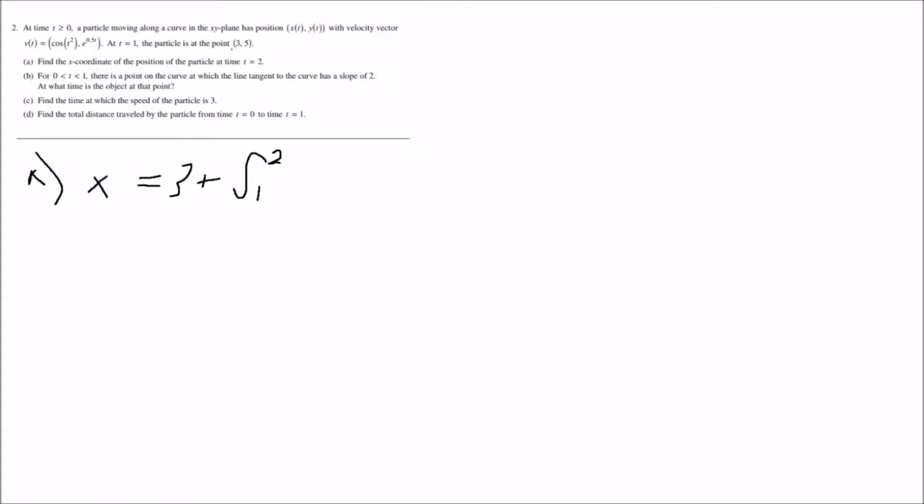We want 2, because that's the time we want. And then v of x, so velocity in the x direction, is going to be our cosine of t squared, like so. Cosine of t squared dt. So we can simply evaluate that.